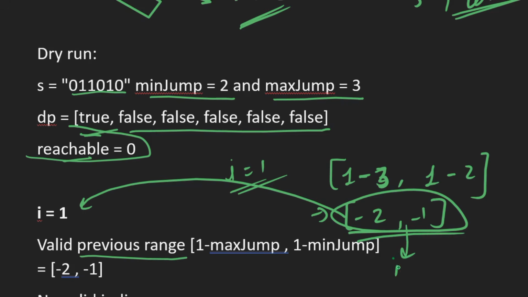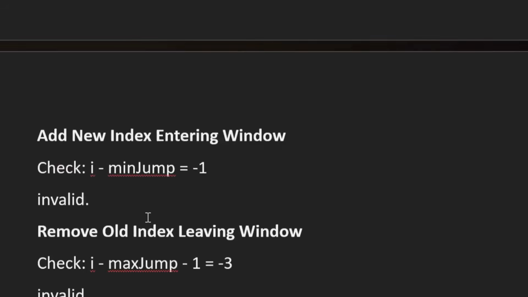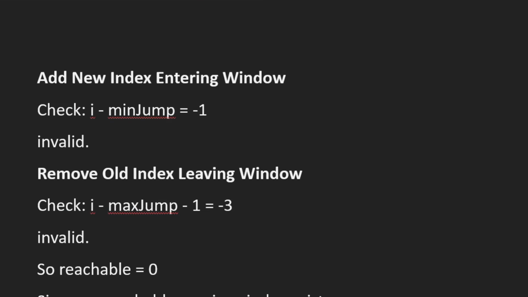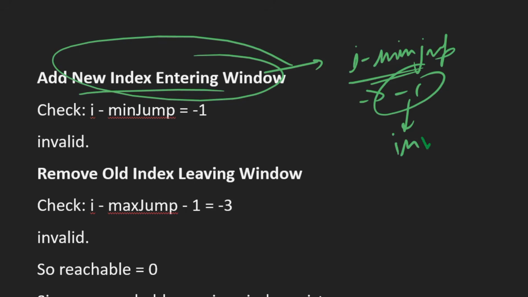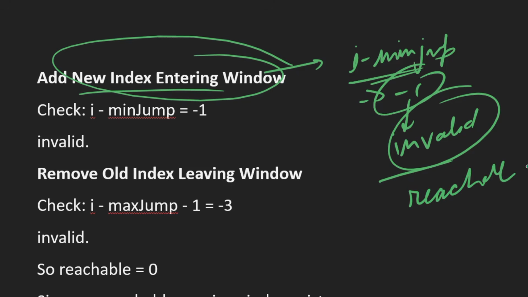But if you see, these are the invalid indexes. So the new entering index in the window is I minus min jump, which is minus 1, which is invalid. So there is no change in the reachable variable. It will still be 0.